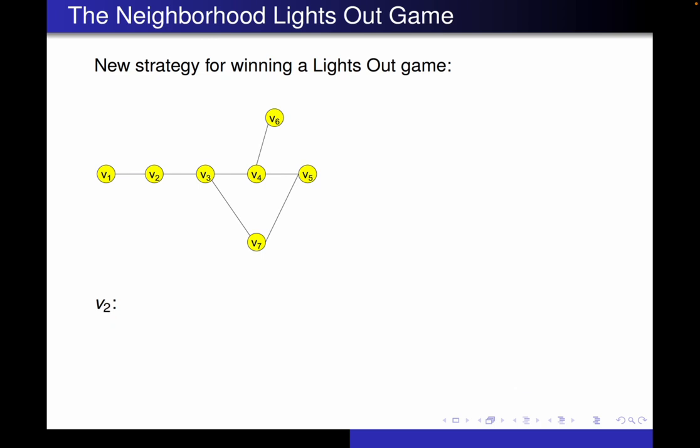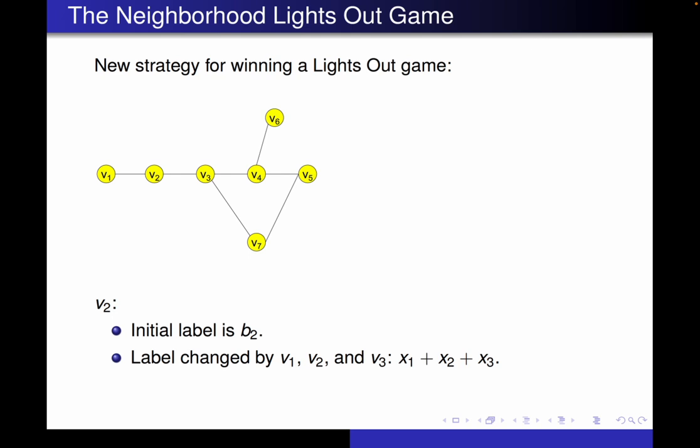We're going to do the same thing for V2. We start off with a label of b2. That label is changed when we toggle V1, V2, and V3. The total amount we change it is x1 plus x2 plus x3, very similar to before. We need that to cancel out the initial label b2, which means x1 plus x2 plus x3 has to equal negative b2.